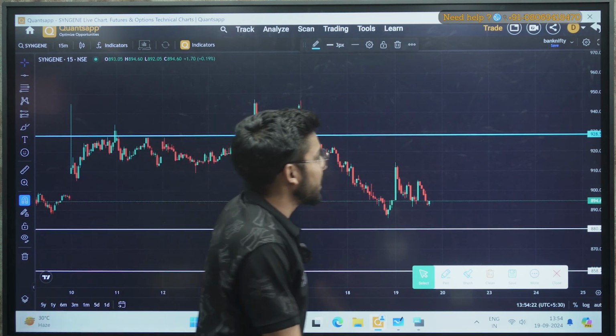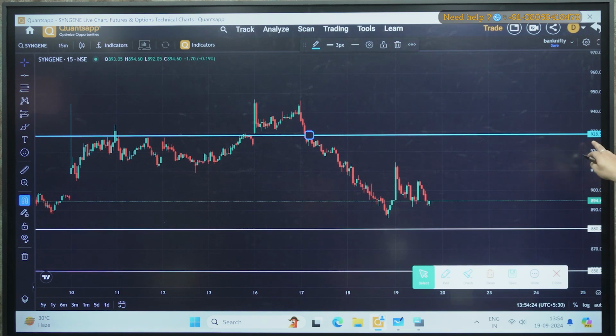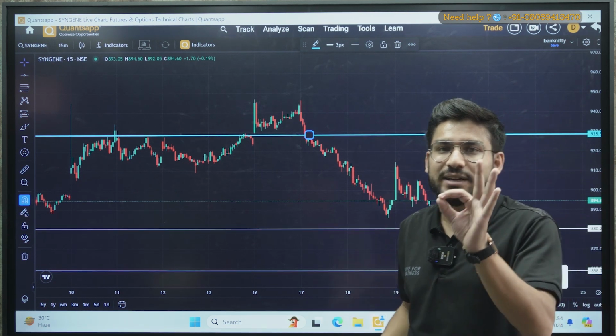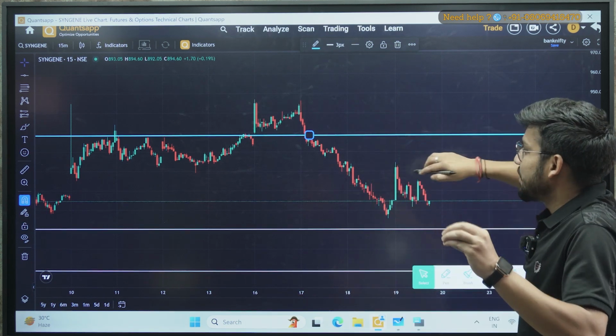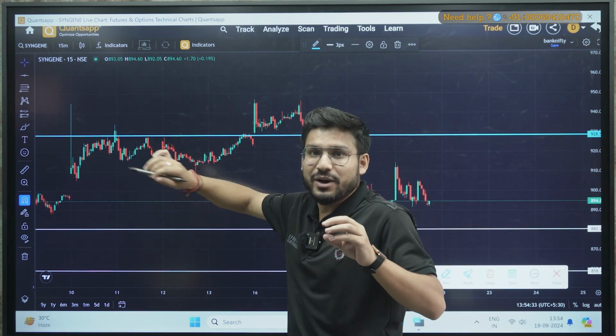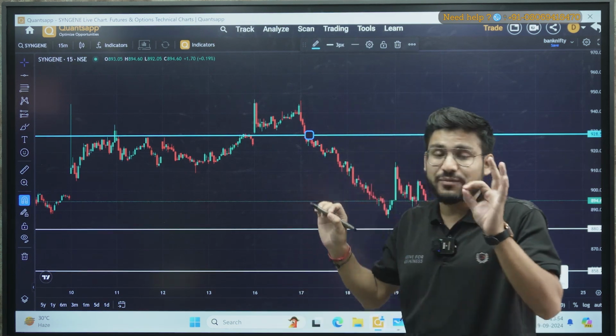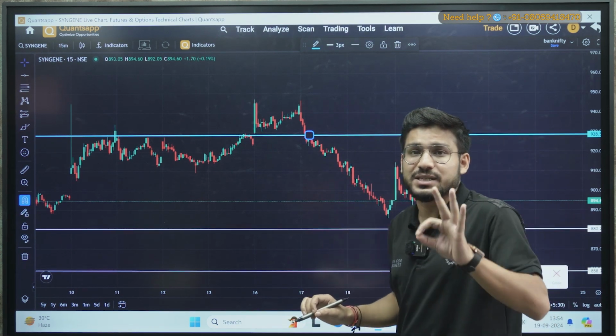Okay, here you can see, it is also currently at 928. That was our level that we have analyzed in the open interest, that was 930. So approximately my chart analysis and my open interest analysis is giving me the same level from where my market can face the resistance, right?